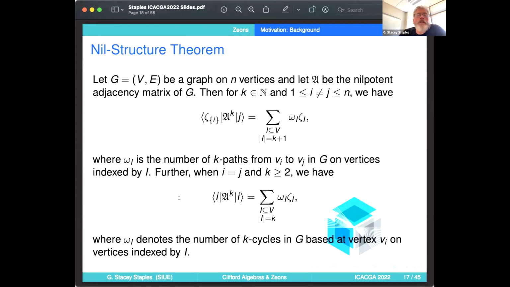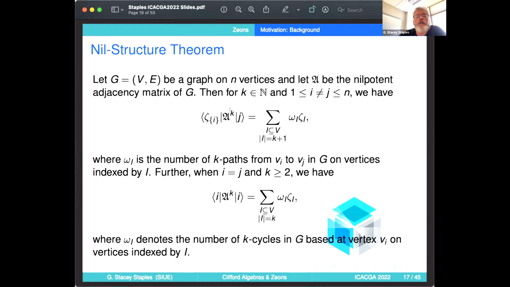So here's sort of a nice theorem. If I want to know how many walks there are in a graph on n vertices of length k, so walks of length k from the ith vertex of the graph to the jth vertex. And this notation just means really look at row i of this matrix.